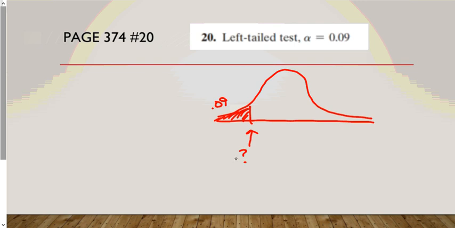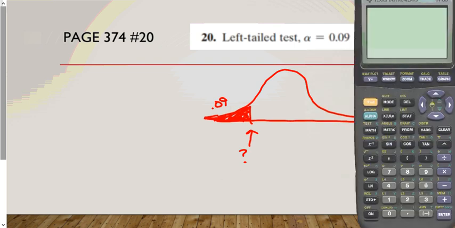And the easiest way to do this, I mean, you could go to a chart, but I don't think many of you are using tables and charts. But on your calculator, do you remember how to find a z-score for a given p-value? Well, that's your inverse norm. That's under distributions. And we're going to go down here to inverse norm.